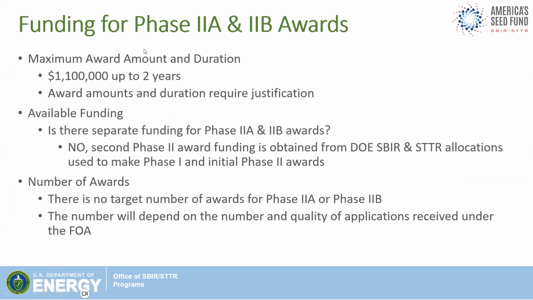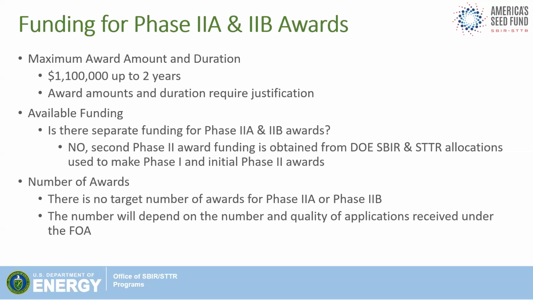Both of these 2A and 2B awards have a maximum amount of $1.1 million and up to 2 years in duration. There's no separate funding for these awards. All of our SBIR funding is one bucket, STTR is in a different bucket, but it's really just a balance of selecting the most highly meritorious applications.